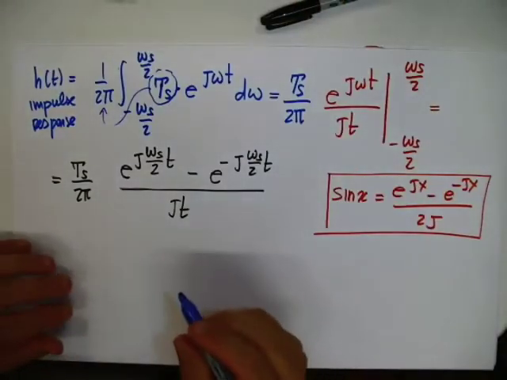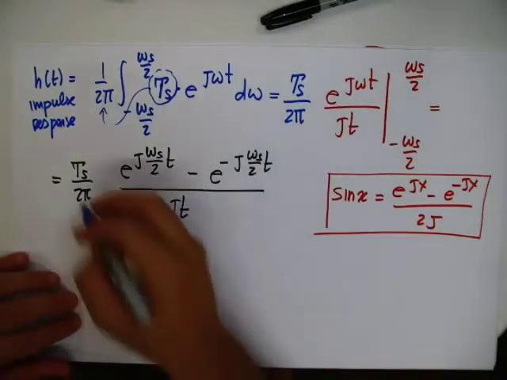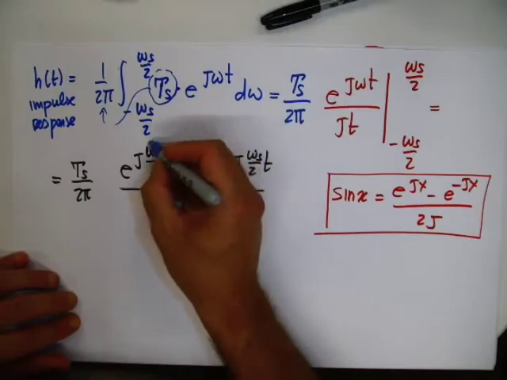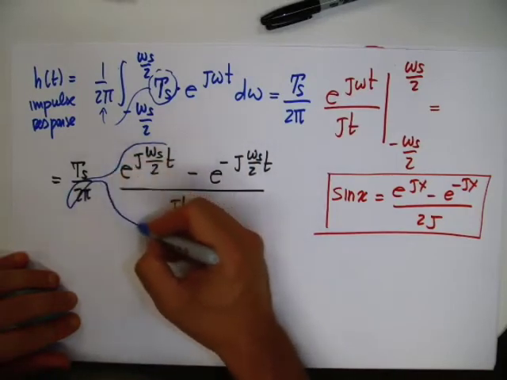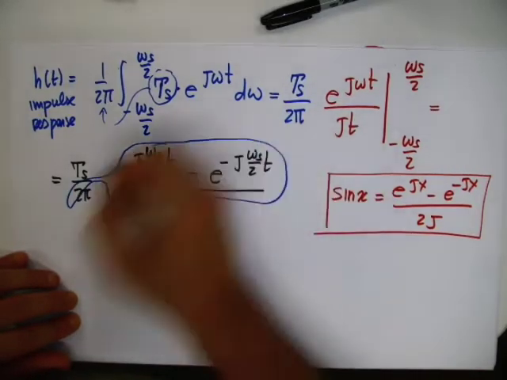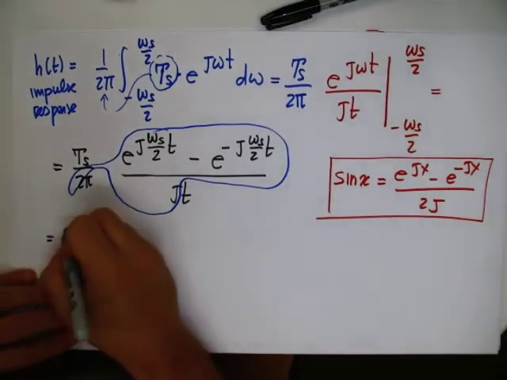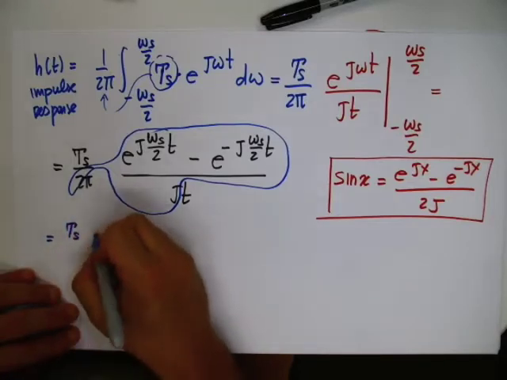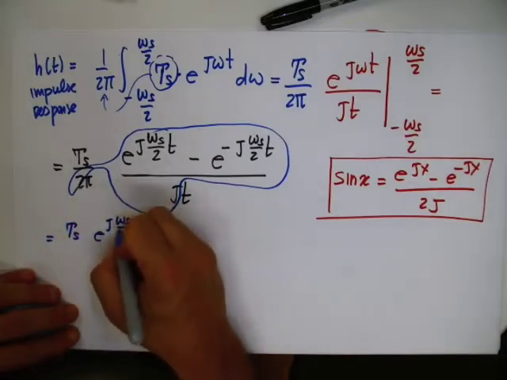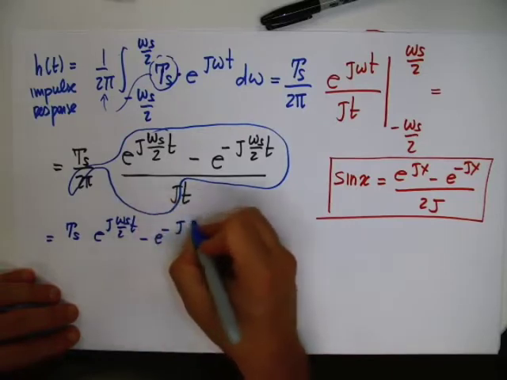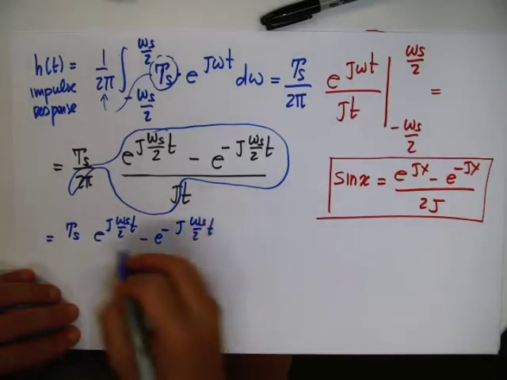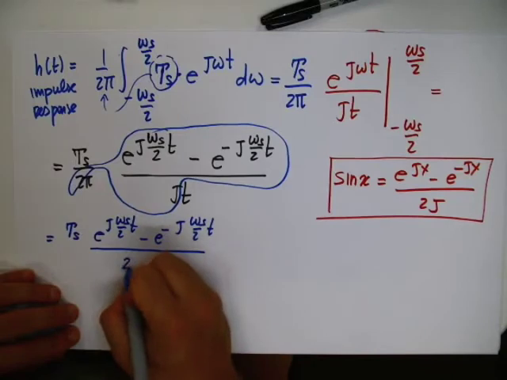And as you can see, I can take this coefficient altogether and write it as Ts times e to the j omega s divided by 2 times t minus e to the minus j omega s divided by 2 times t, divided by 2j.